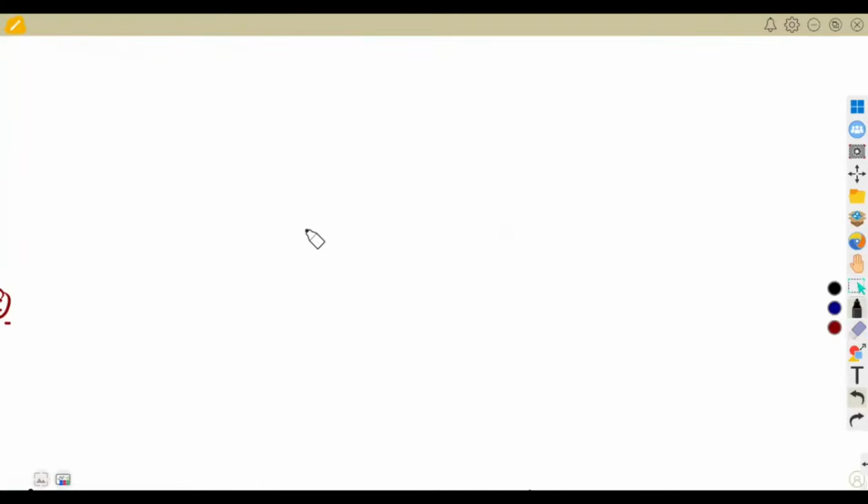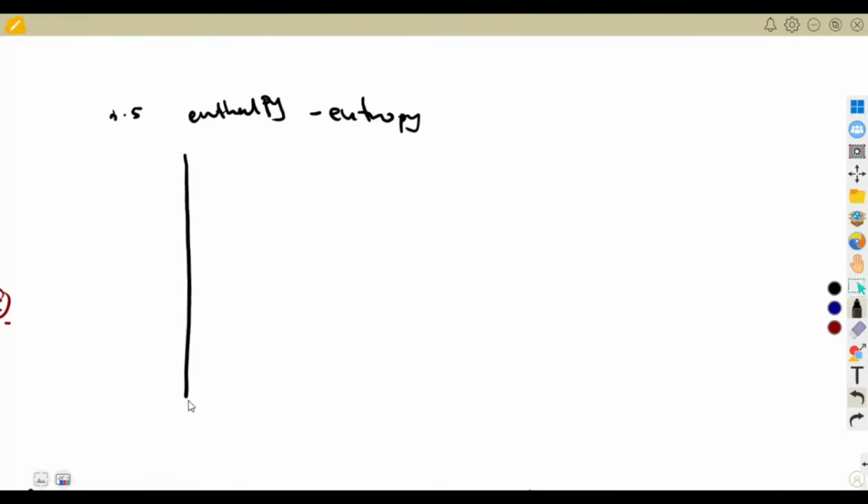So on the enthalpy entropy diagram, all right, so this is 2.5. We are dealing with an enthalpy entropy diagram. All right, so we're gonna have the vertical and horizontal axis. In this case, the horizontal axis is the one that represents your entropy.